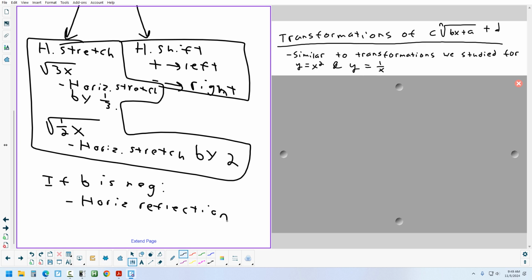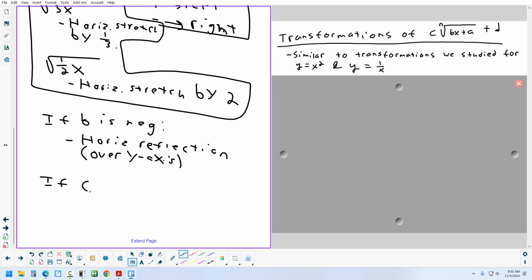So it's a horizontal reflection. Some people say it over the x-axis. I'm sorry, over the y-axis. So if you said flip over the y-axis, that's the same thing as horizontal. You're flipping left to right.